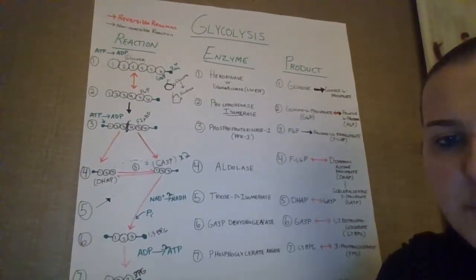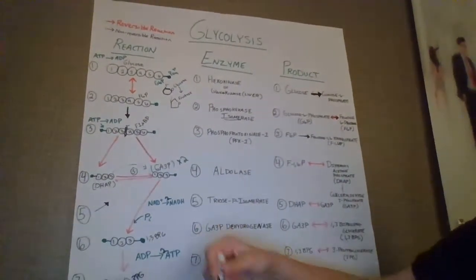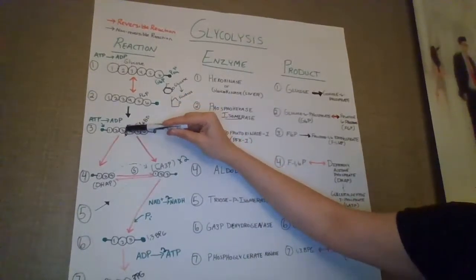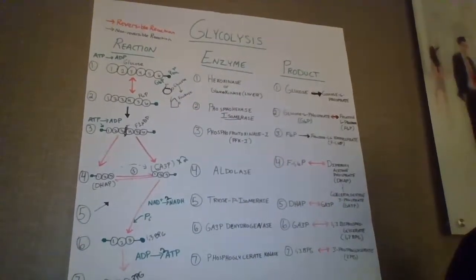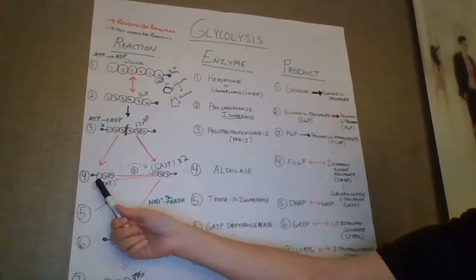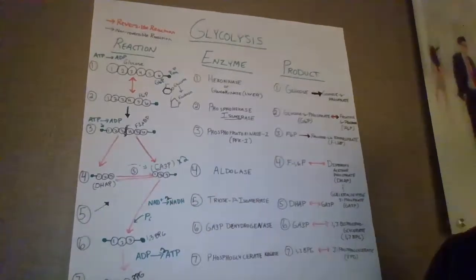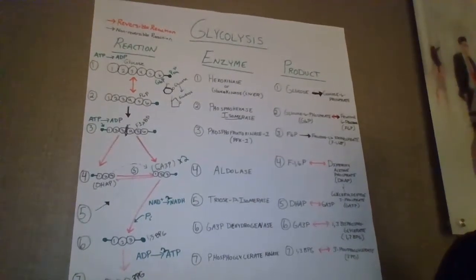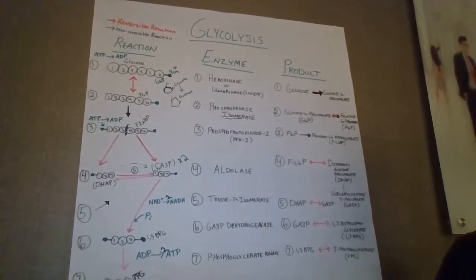All right, in step 4, I don't know if you've noticed, maybe you can guess what's happening here. I've actually put this little squiggly here. We are splitting this 6-carbon atom into 2 separate 3-carbon atoms. So we are now splitting it in half, but that's actually going to create 2 separate chemical molecules, 2 separate 3-carbon molecules.